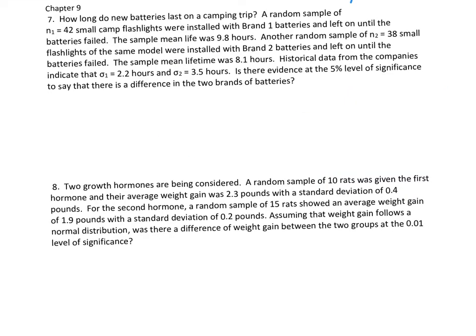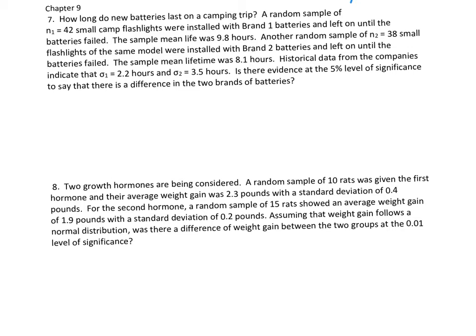The problems from Chapter 9. I'll let you know when you're in Chapter 9, but it should be kind of obvious because you'll have two samples there. We have a random sample of 42 camp flashlights with brand 1 batteries, and they're given a sample mean. Another sample, that's how you know it's a 2 sample, with 38 flashlights with brand 2 batteries.